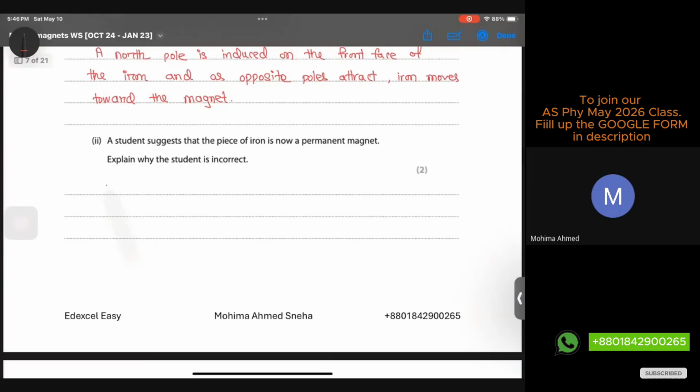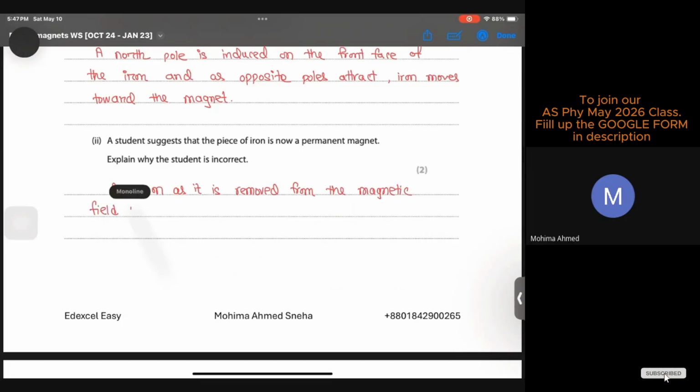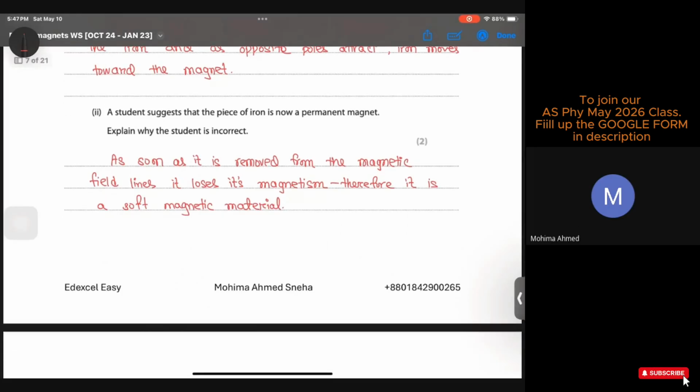So I'll say that as soon as it is removed from the magnetic field lines, it loses its magnetism. Therefore, it is a soft magnetic material, right? That's your 2 marks for this question.